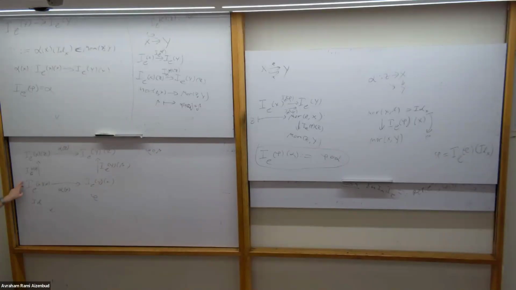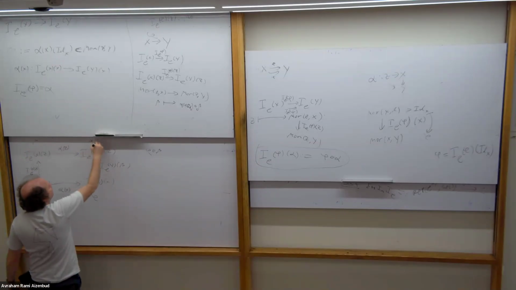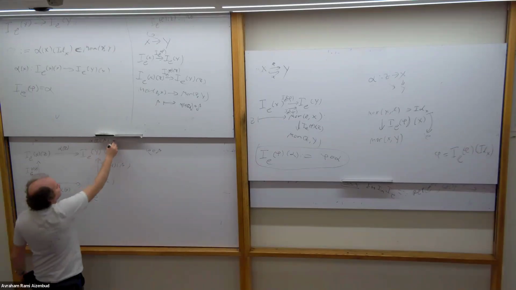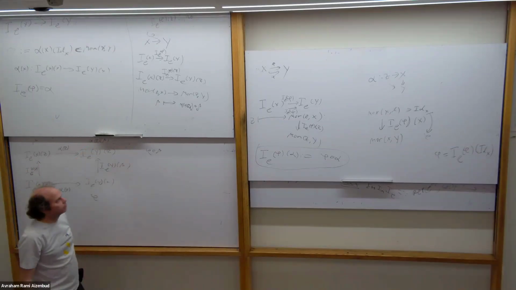Now we can ask where it goes here. Identity here goes to beta. And where does it go here? It goes to alpha z of beta. So since this diagram is commutative, these two should be equal.